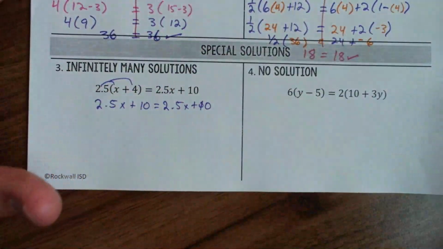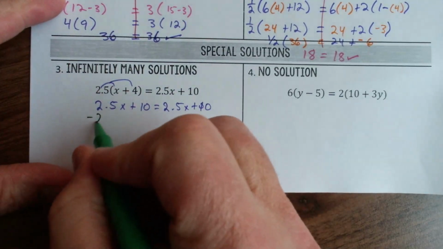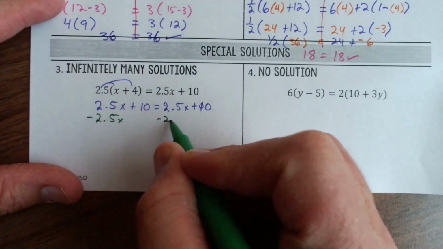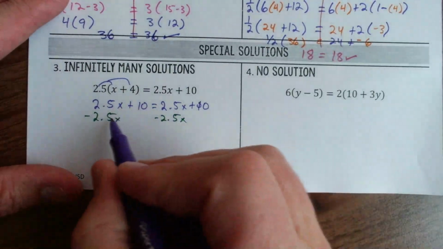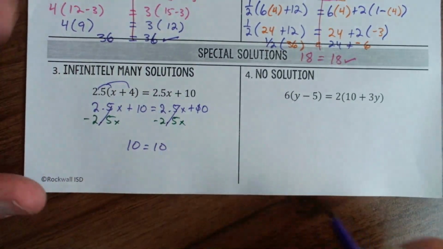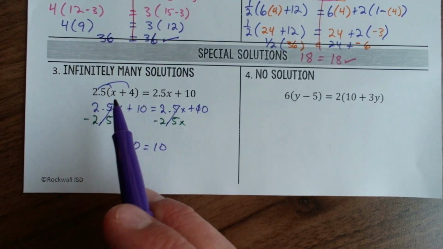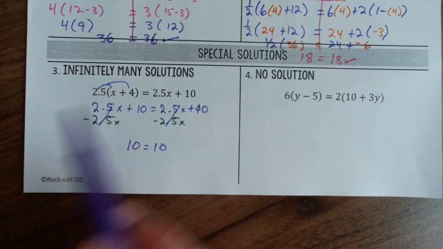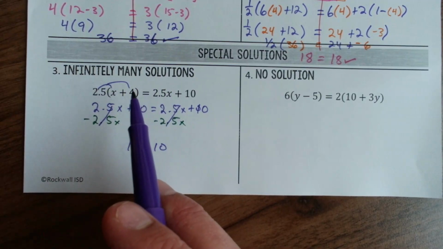So then I do step 3, which is move. When I move, I subtract 2.5x from both sides. This goes away and this goes away. All I'm left with is 10 equals 10. That means it doesn't matter what number you pick for x. Every value works. So that means there are infinitely many solutions.